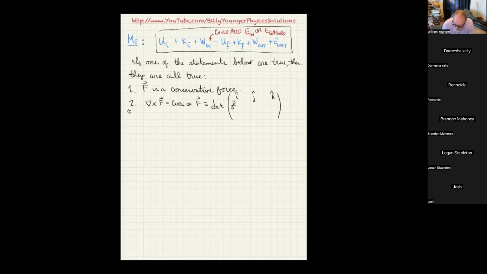Partial derivative with respect to X for the first column of the second row. Partial derivative with respect to Y for the second column of the second row, and partial with respect to Z for the third column of the second row. And then F sub X is here, F sub Y is here, and F sub Z is here. And this is identically 0.